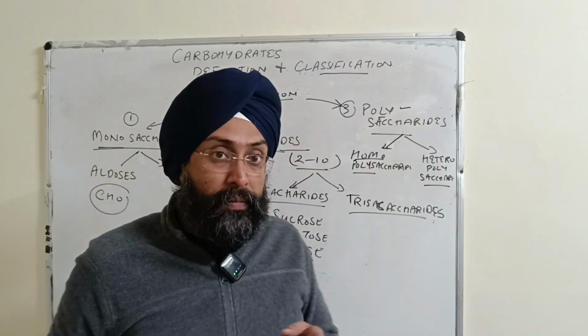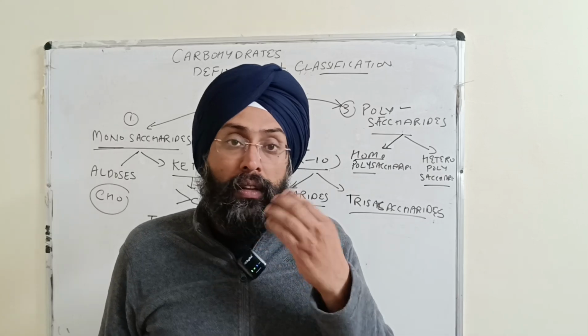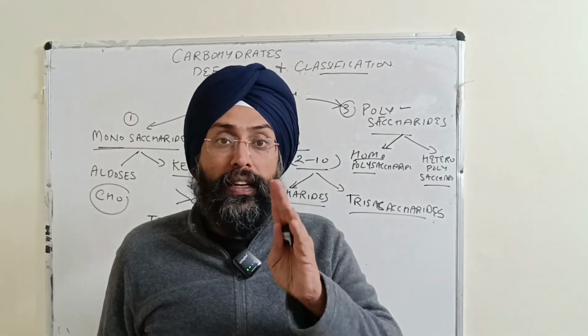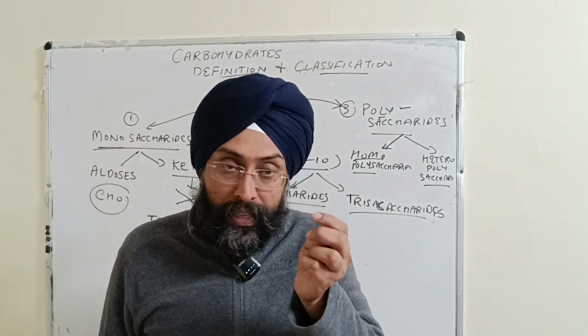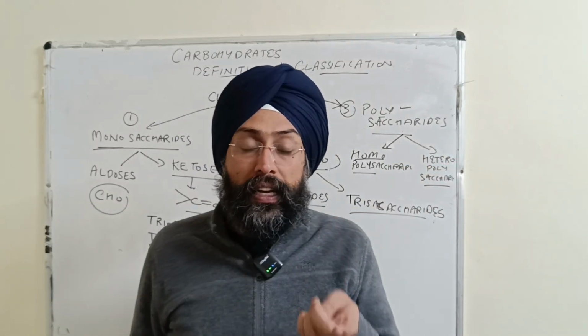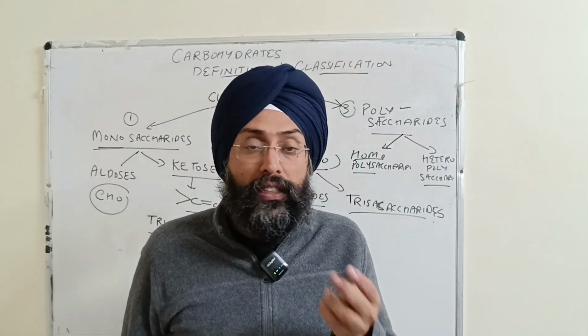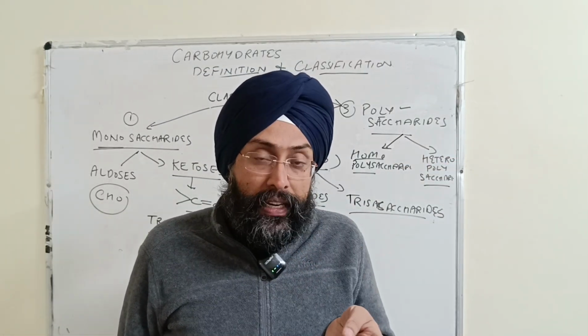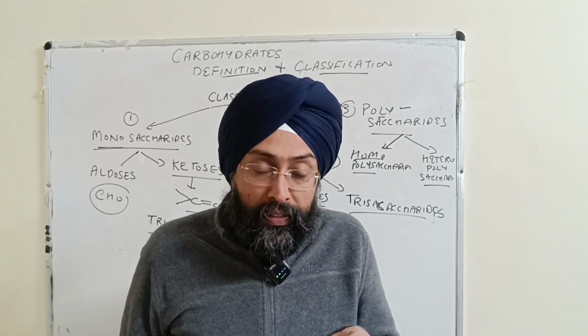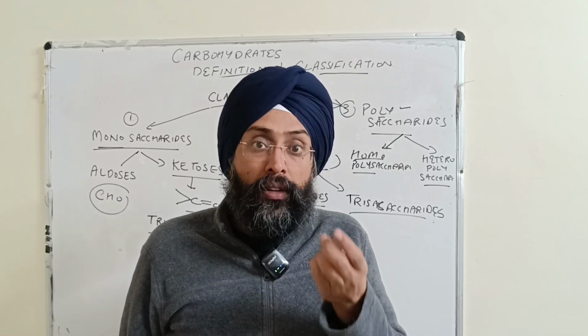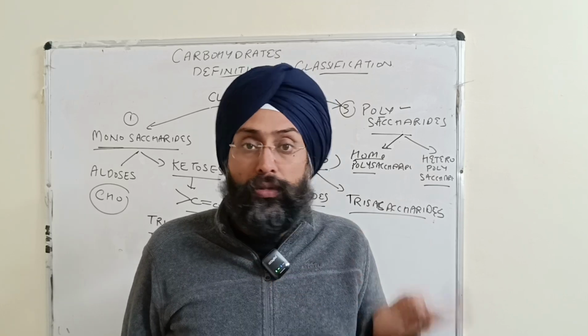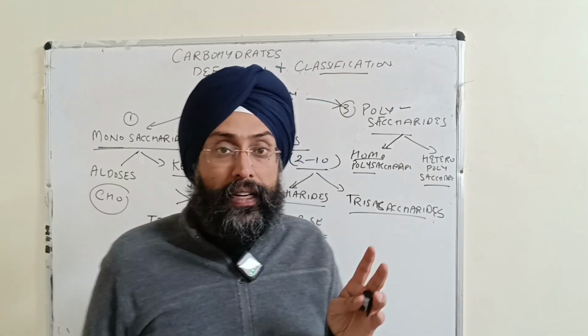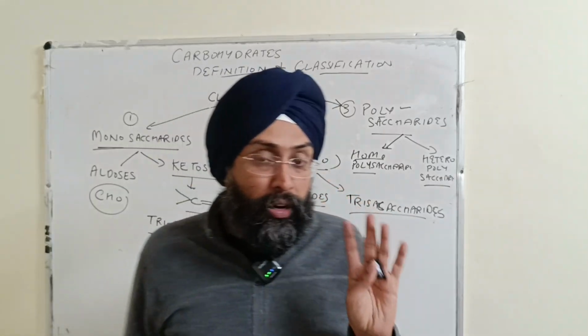Homo means same, they contain the same repeating units, like glycogen, it contains the same repeating unit, that is glucose, right? And hetero means they contain different repeating units. For example, we have heteropolysaccharides like chondroitin sulfate, heparin, dermatan sulfate, and so on, right? So that categorizes our carbohydrates.